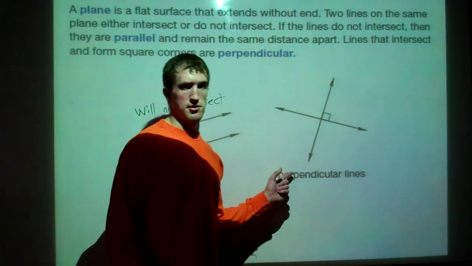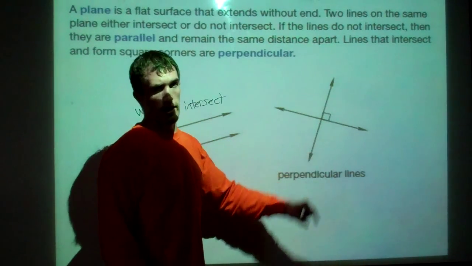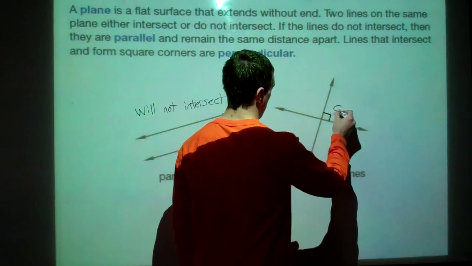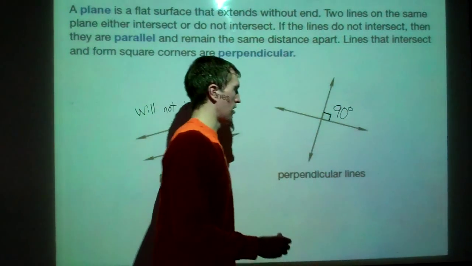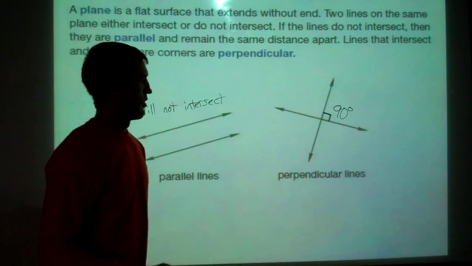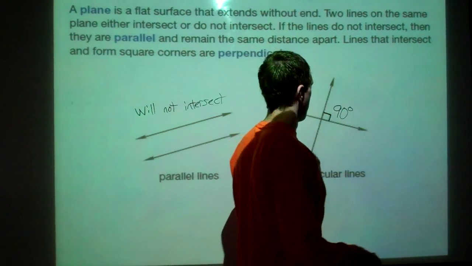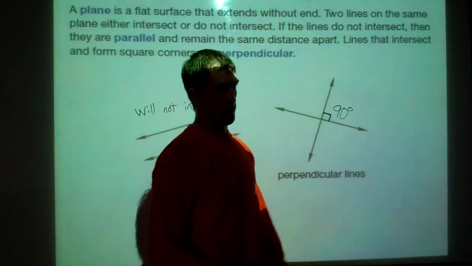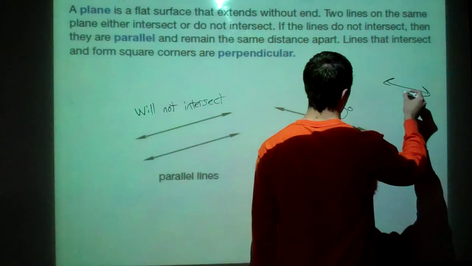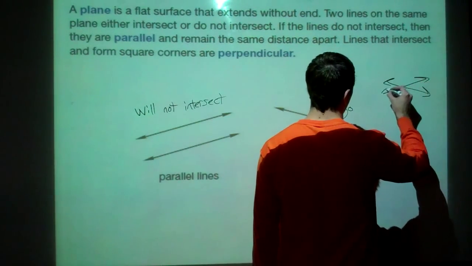If we have two lines that intersect at a 90-degree angle or a square corner, as they said in the definition, 90-degree angles, we call those perpendicular lines. Now, if they don't intersect this way, they can intersect a bunch of different ways. You could have something like that.